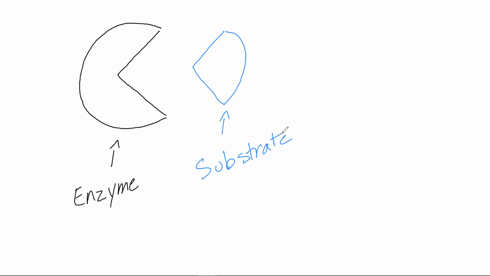Glucose and oxygen, right? The two substrates in this case would be glucose and oxygen. So it'll grab a glucose, it'll grab an oxygen, it'll combine them, and then boom, reaction, right? That's very basic, but everybody understand that?